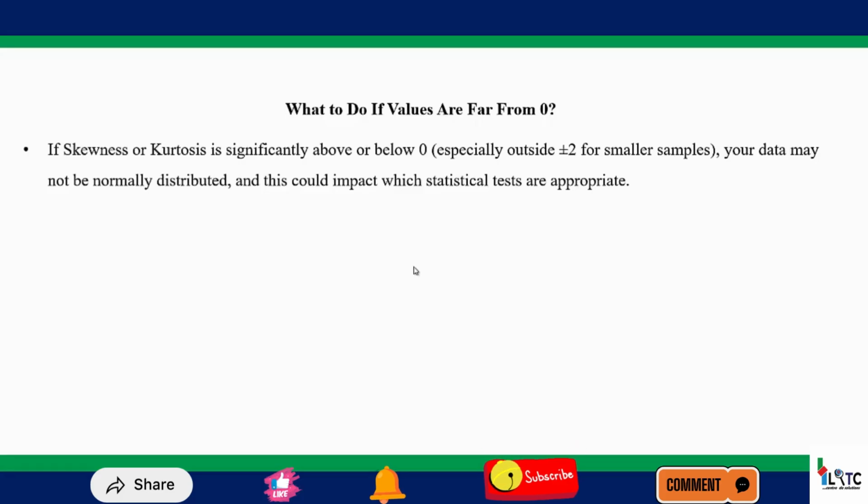So what you need to do when you have an issue of non-normal distribution is, one, you can use a non-parametric test. For instance, if you notice that your data is not normally distributed, then you can use a quantile regression analysis. And for primary data analysis too, there are techniques that do not require that your data be normally distributed. So you just look out for those techniques and make use of them.